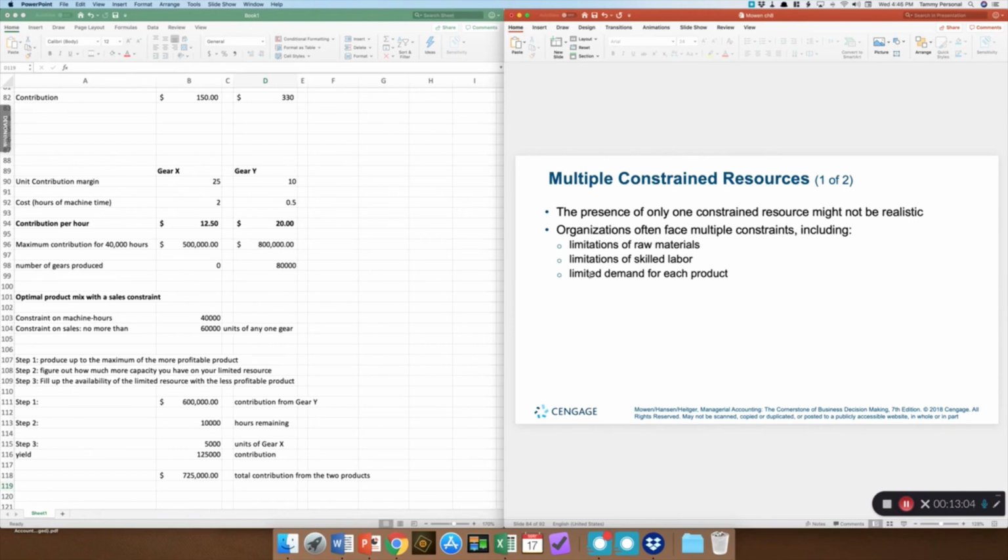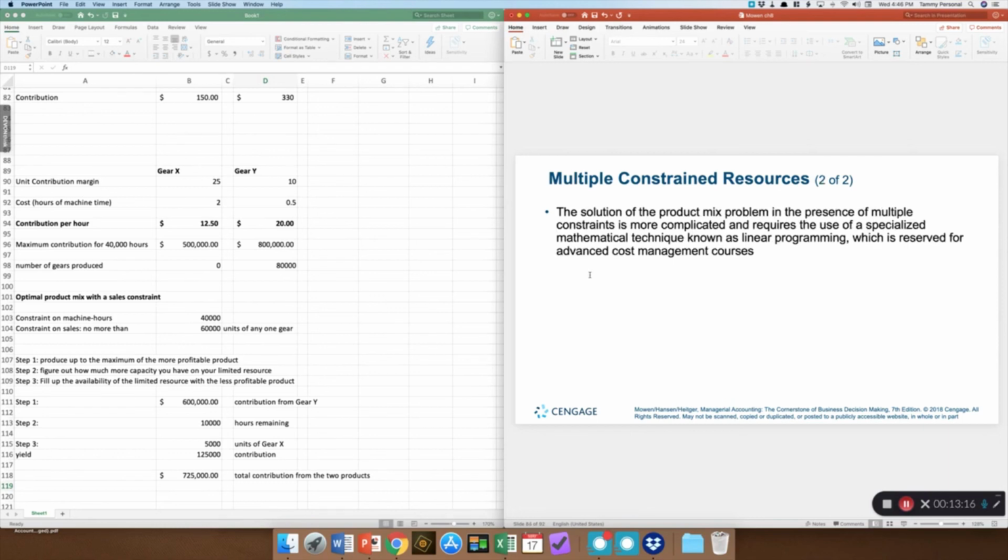And to conduct profit maximization in the face of multiple constraints, that requires doing something called linear programming, which really isn't all that hard. It's really hard to do by hand with matrix algebra, but Excel will do that for you.